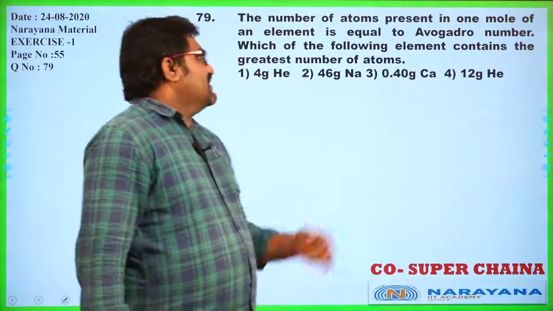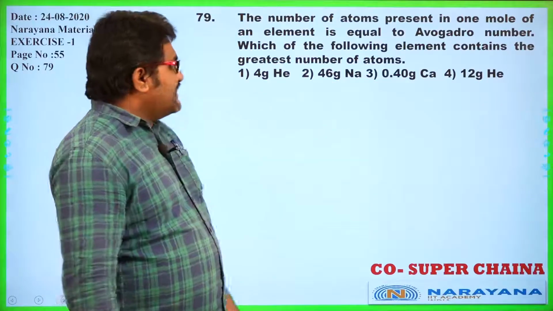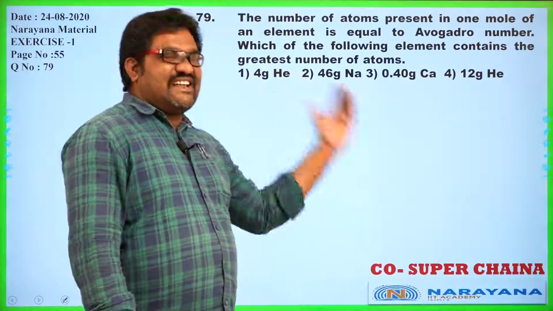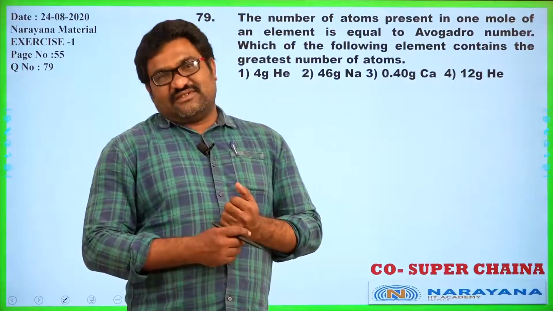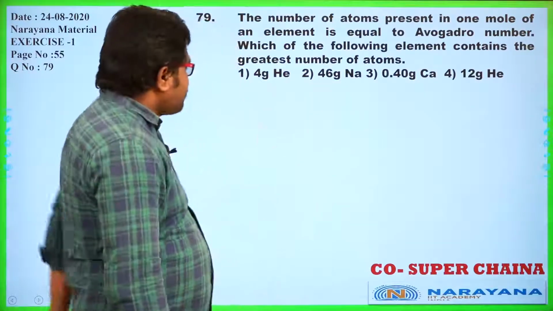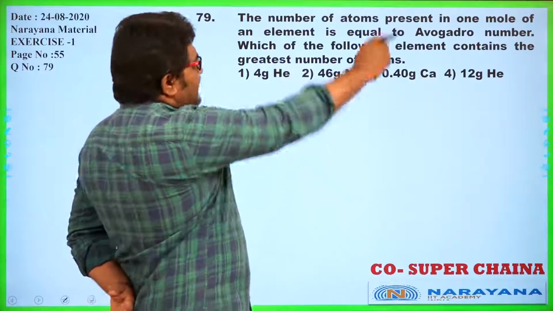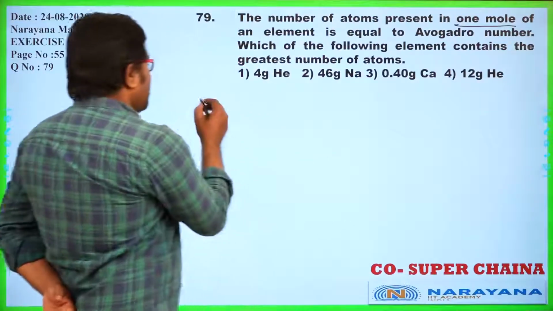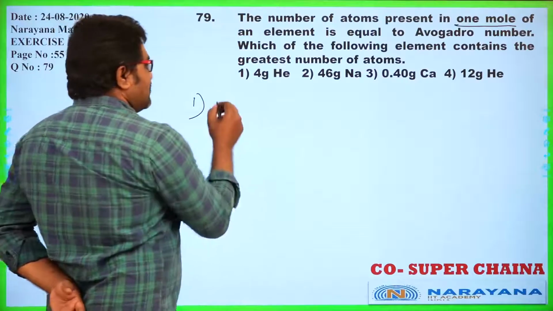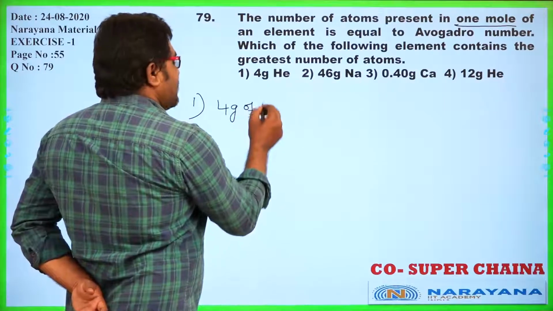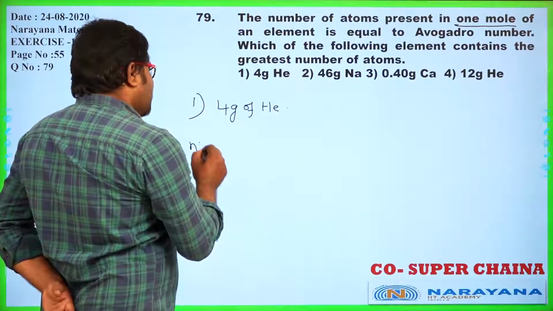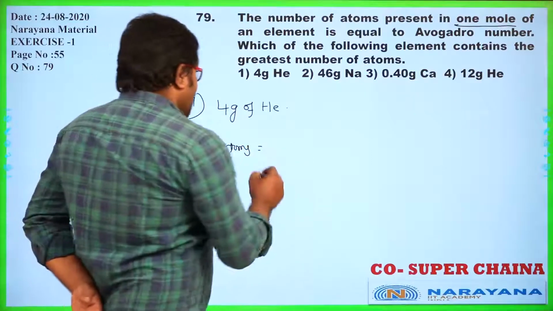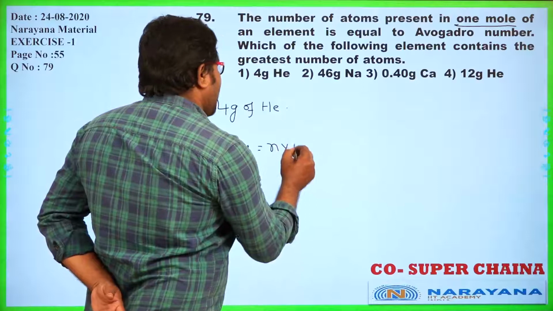Coming to this one. The number of atoms present in 1 mole of an element is equal to Avogadro number. Which of the following elements contains the greatest number of atoms? So in each and every case we can check the number of atoms from the molecules. Here 1 mole of any substance contains the Avogadro number. Now in the first option, 4 grams of helium, the number of atoms is equal to number of moles into Avogadro number.